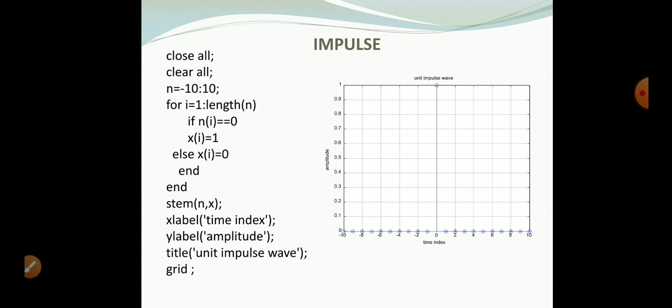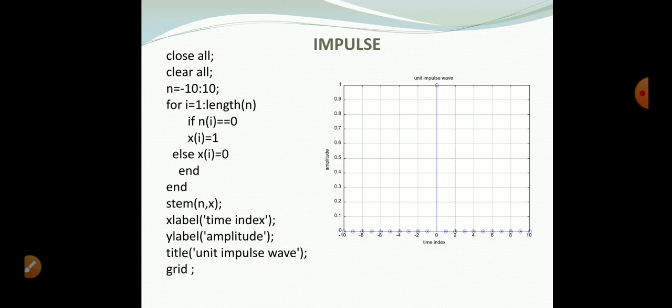To plot an impulse waveform, as usual, we have to close all and clear all, and mark the x-axis with n values. Here we are plotting in discrete format, that's why we write n equal to minus 10 to 10.